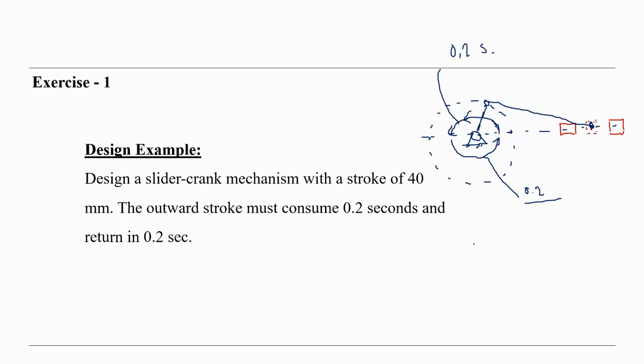That means we know the actual angular velocity. If the rotation is constant, to rotate with constant speed, you know omega is equal to d theta over dt, that means delta theta over delta t.